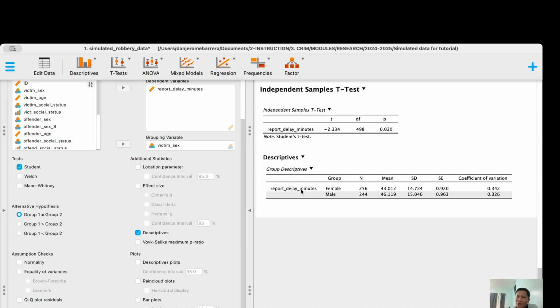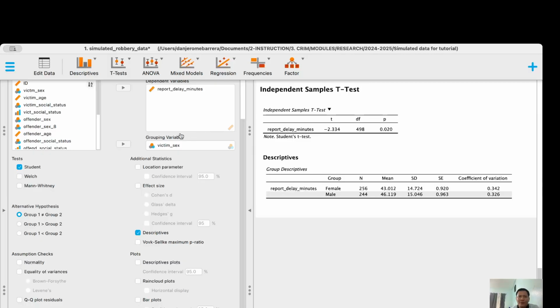And table so and so shows that the mean for female is 43.012, while for males is 46.119, which means that there is a higher average of reporting delays in terms of minutes for male victims compared to when the robbery incident has a female victim. So that's how you interpret the table.